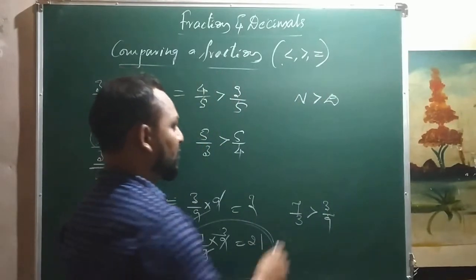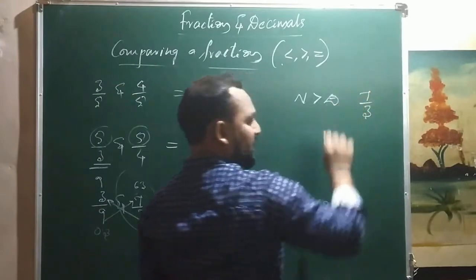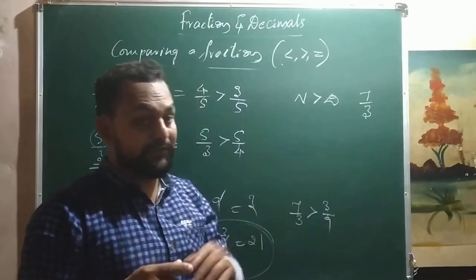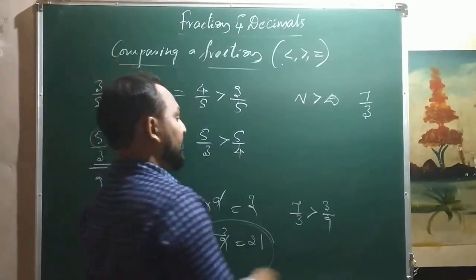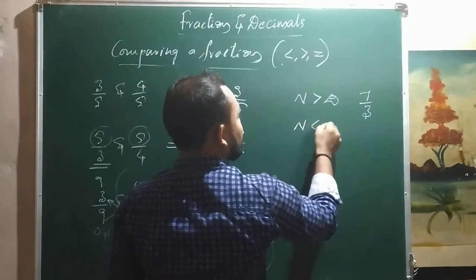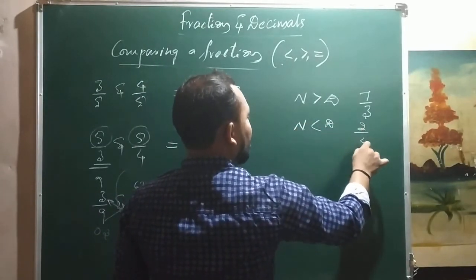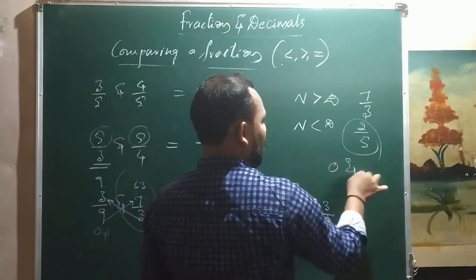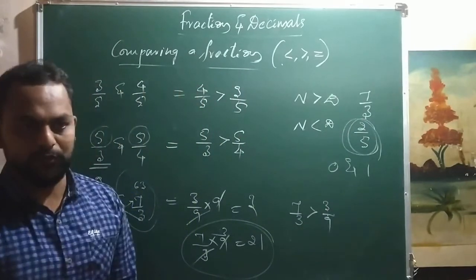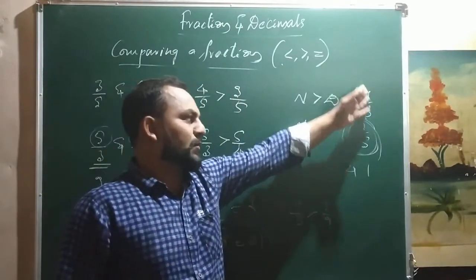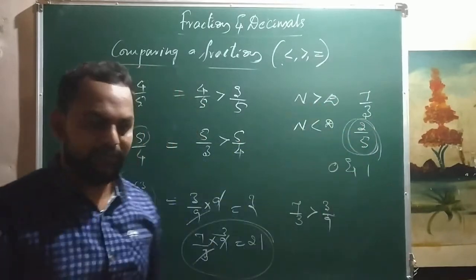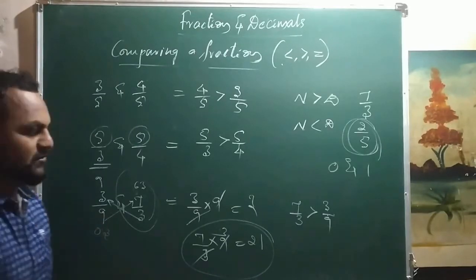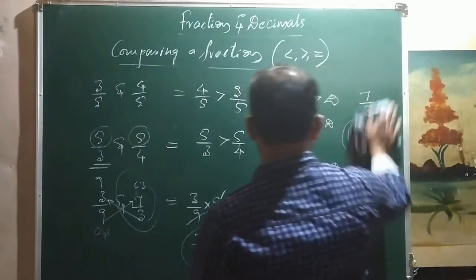For example, 2 by 5, where the numerator is lesser than the denominator, is in between 0 and 1. Obviously 7 by 3 is greater than 2 by 5. It means 7 by 3 is greater than 3 by 9. Now these are examples of comparing fractions.